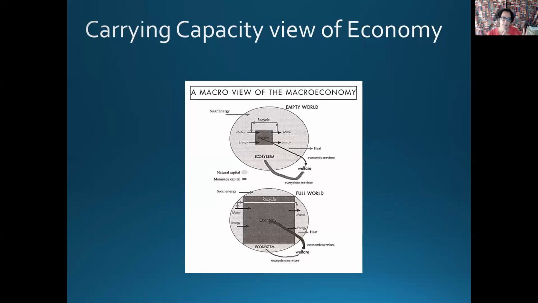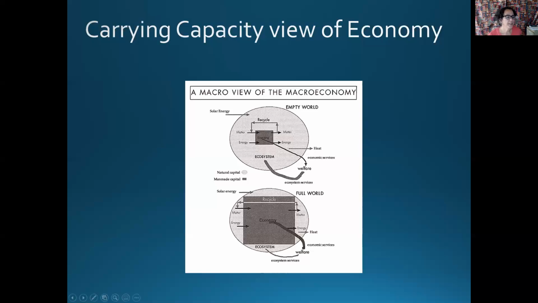When the human habitat was a relatively small part of that world, there was lots of room for all of those other processes, lots of energy for all of those other processes and animals. Whereas as our population gets larger and our economic removals from the ecological system get higher, we have what he calls a full world condition.